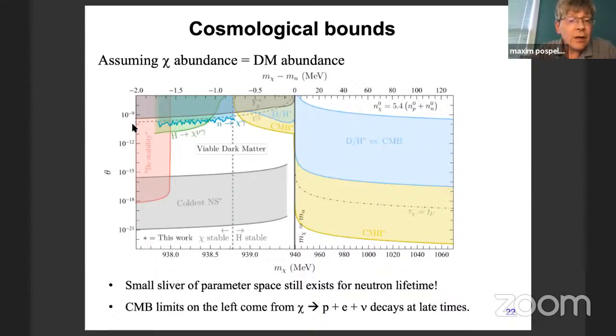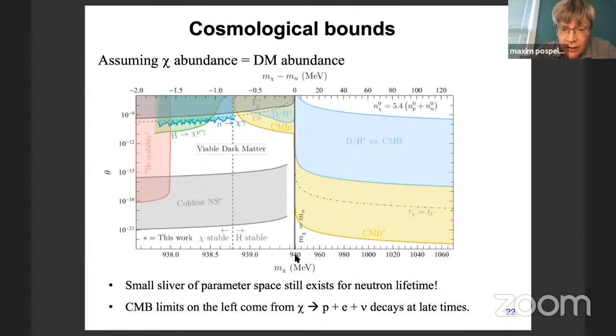Then this dashed line here is where you expect a 1% correction to the neutron lifetime. And apart from a tiny sliver of parameter space, all the rest is, I would say, disfavored by cosmology. There is also a constraint from the coldest neutron stars, which I'm going to discuss shortly.